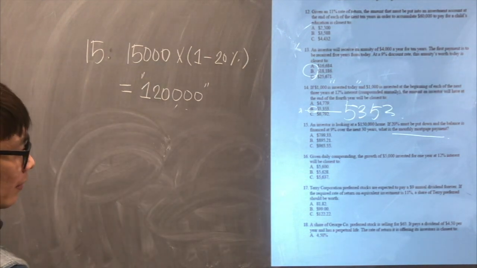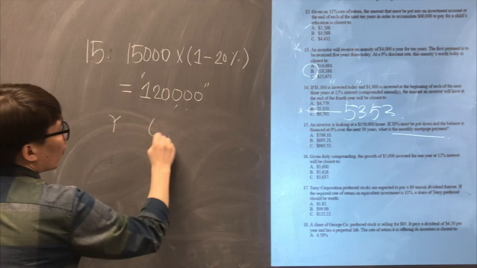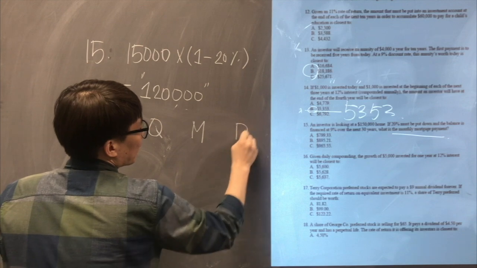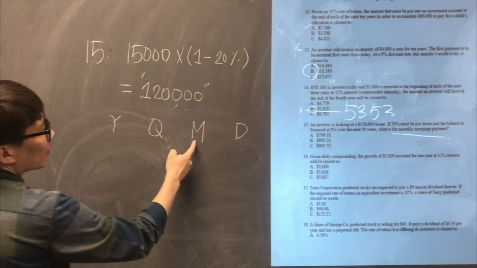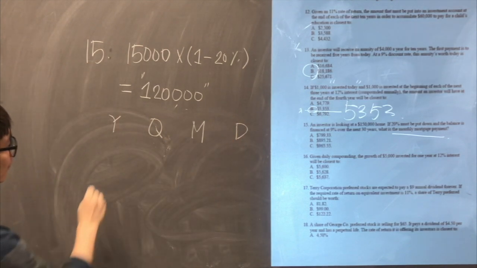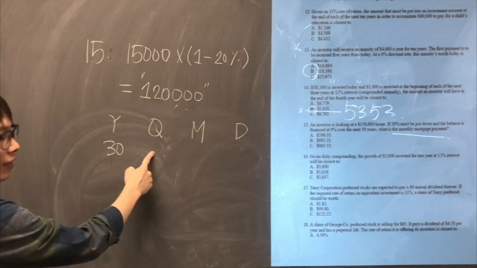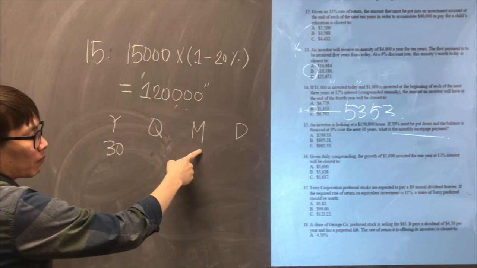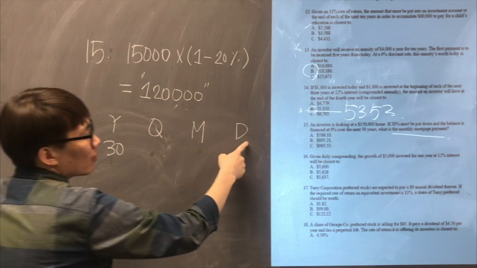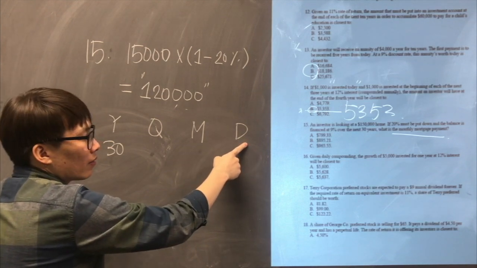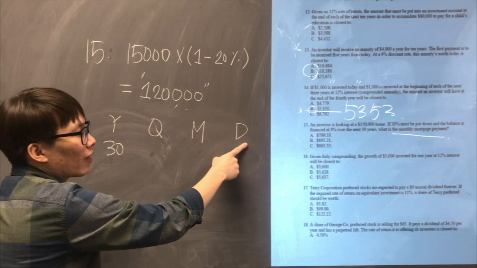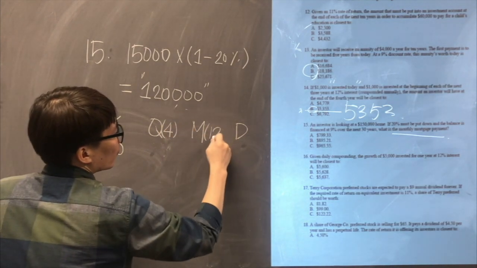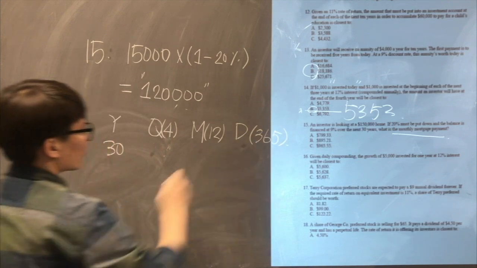I will give a technique. Yearly, quarterly, monthly, daily. Again, yearly, quarterly, monthly, daily. How many years? 30 years. Quarterly multiplied by 4. Monthly multiplied by 12. Daily multiplied by 365. So this will be 4, 12. Okay?